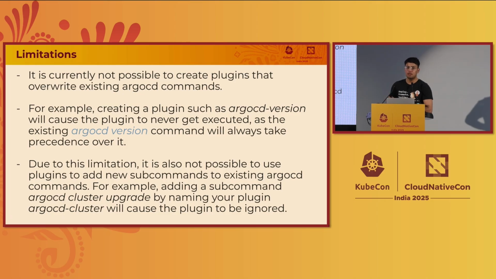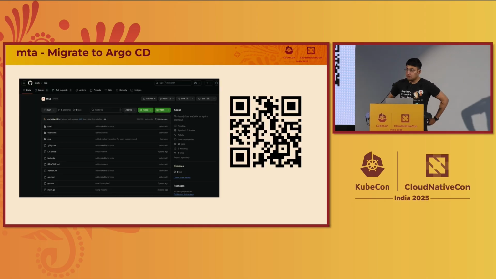But you want the logs to be printed in plain text for your binaries. That's not going to work, because that's currently a limitation. Flag overriding is not possible for your custom binaries. So we're going to take a look at the demo.